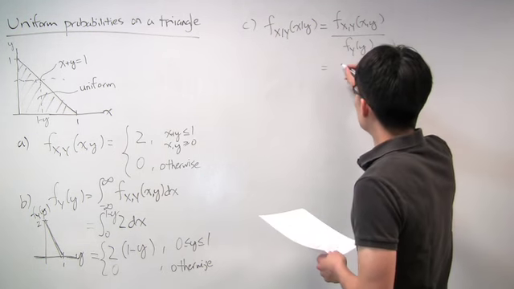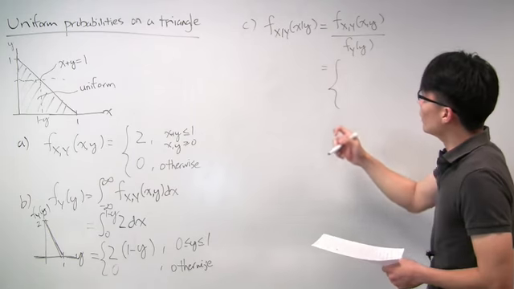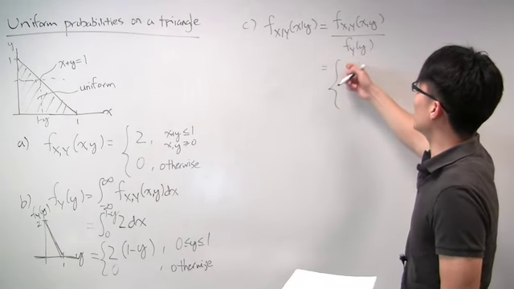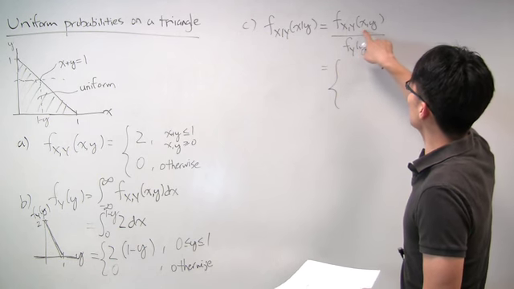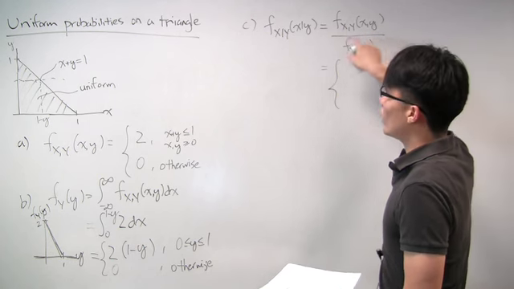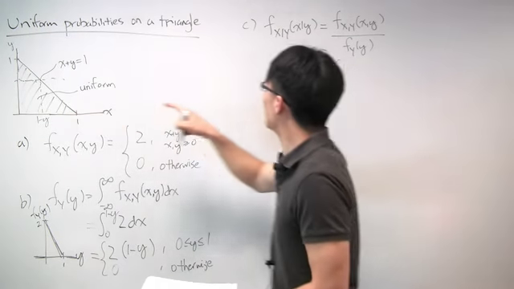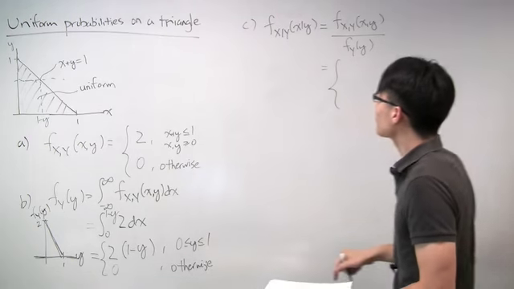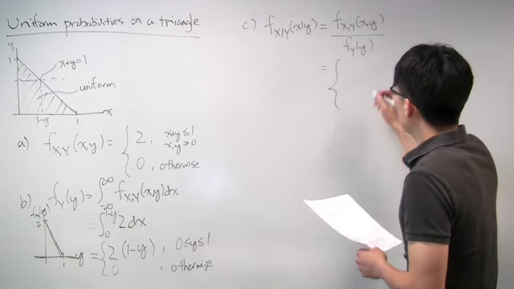Though, again, the thing that you have to be careful about here is the ranges of x and y where these things are valid. Because this is only non-zero when x and y fall within this triangle. And this is only non-zero when y is between 0 and 1. And so we need to be careful.